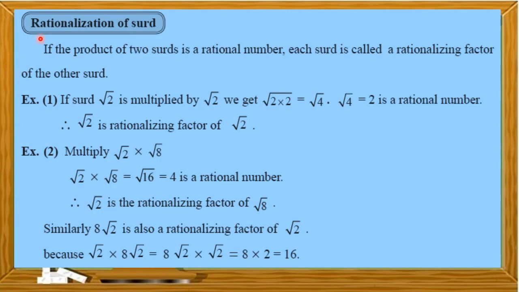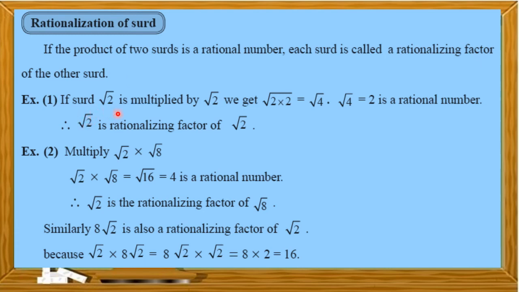The next topic is rationalization of surds. If the product of two surds is a rational number, each surd is called a rationalizing factor of the other surd. Example 1.